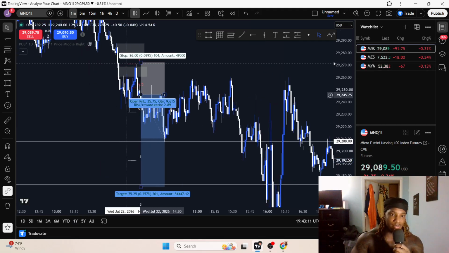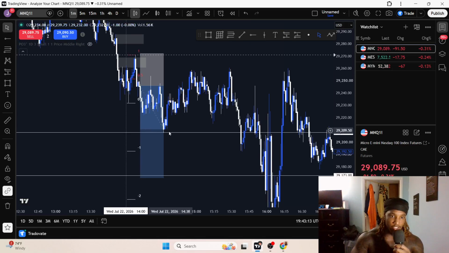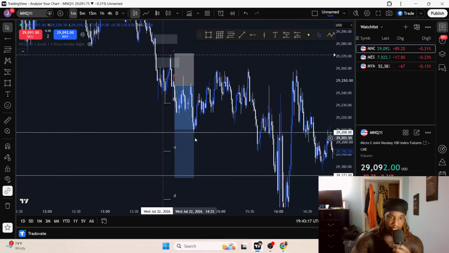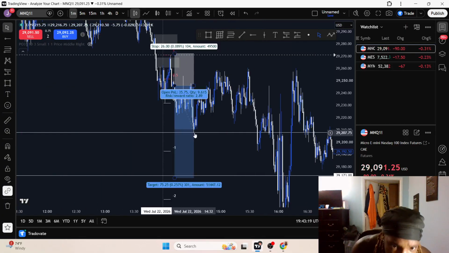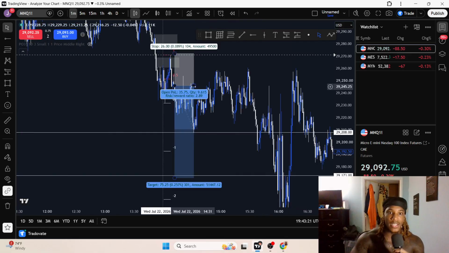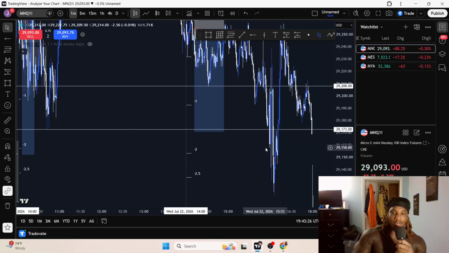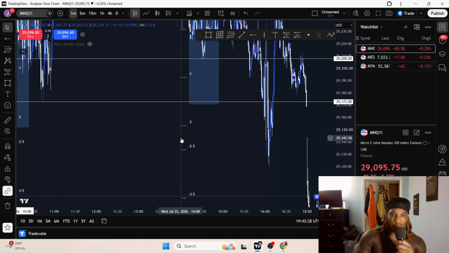I put my stop to break even. We hit our first take profit, which was the midnight open, which I said that we would go to. We hit that immediately to the wick. Retrace up to my break even. And price comes all the way down here to the 2 to 2.5 standard deviation level.